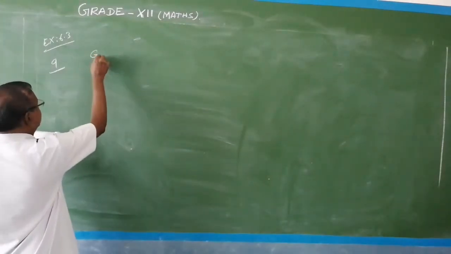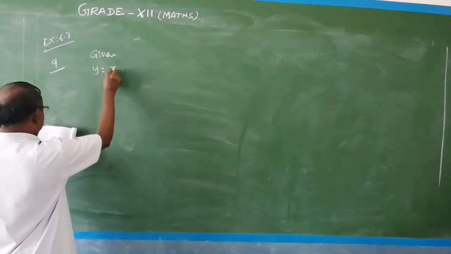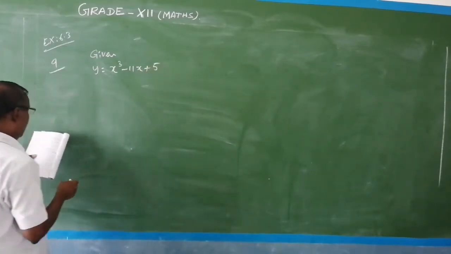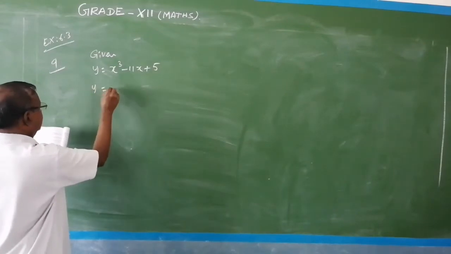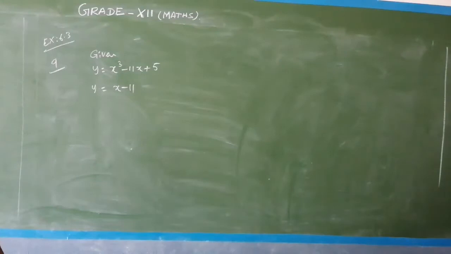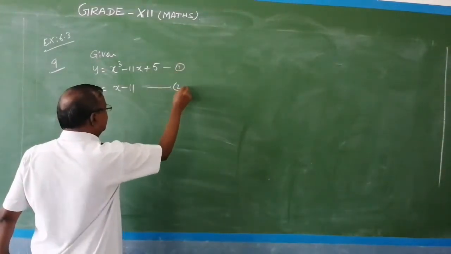We are given the curve y equal to x cube minus 11x plus 5, at which the tangent is y equal to x minus 11. Say this is equation number 1 and equation number 2.